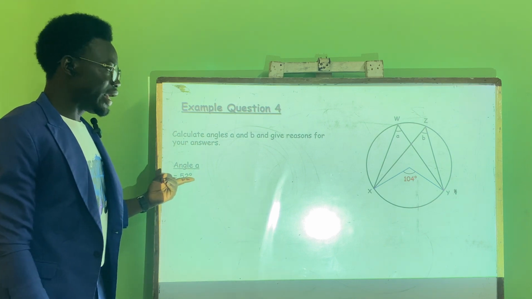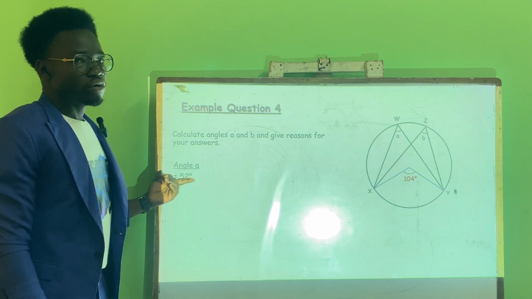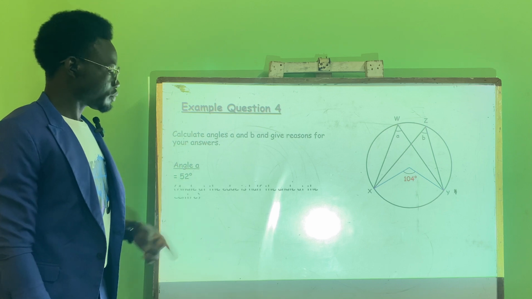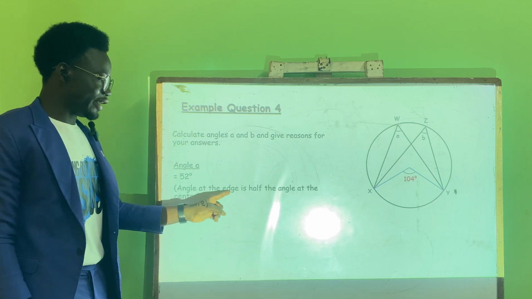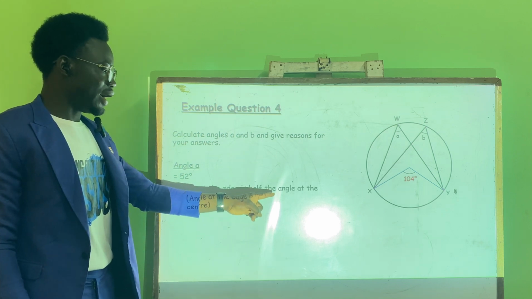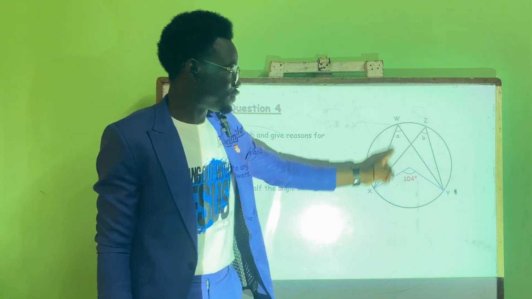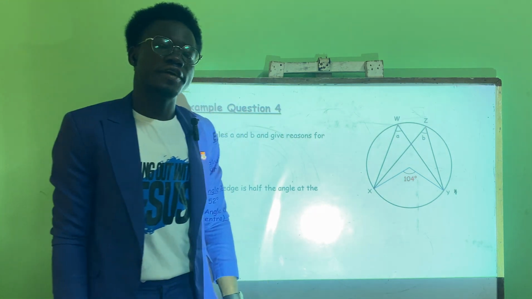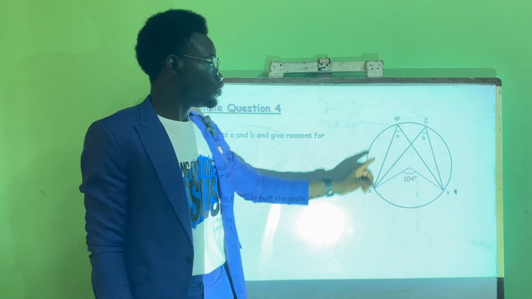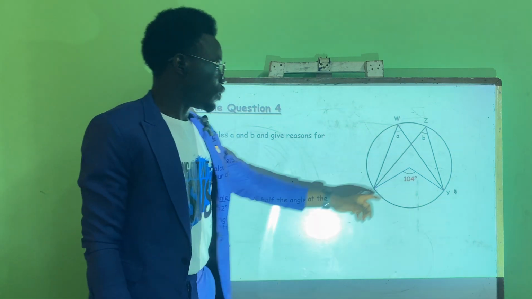So it means that angle A is 52 degrees. And the reason is that angle at the edge is half the angle at the center. So the edge here is talking about the one that is subtended at the circumference. And that is going to give you 52 degrees.